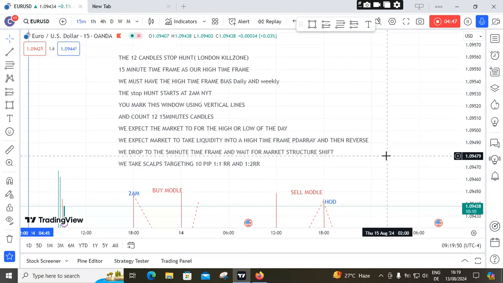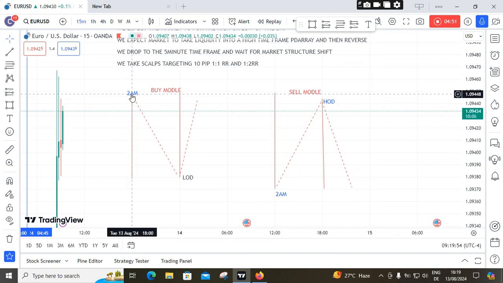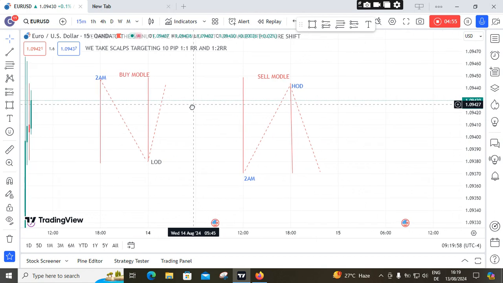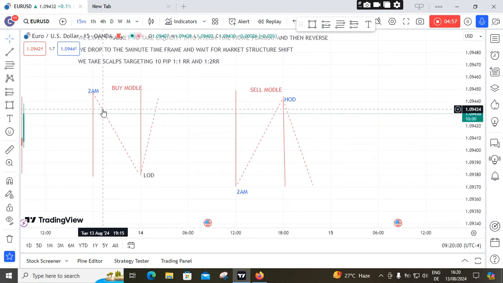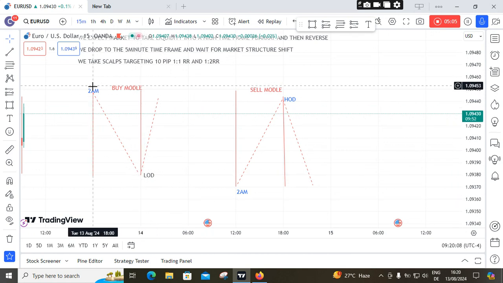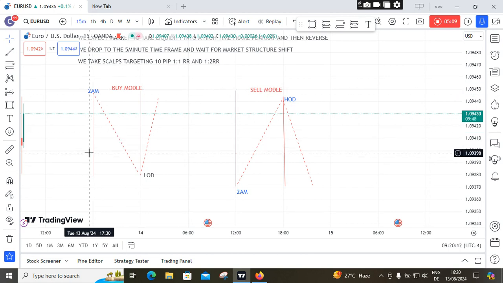So I have made some schematics for you here to show you my explanation. So at 2 a.m., this is a buy model when we expect the market to make the low of the day, and then we buy after the London session has opened. So at 2 a.m., we start counting the 12 candle window.